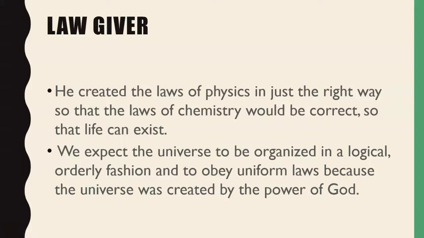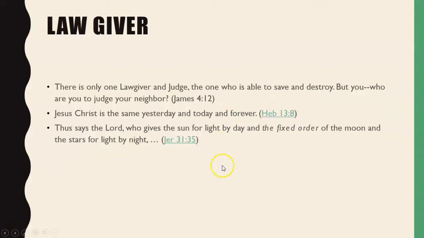God created the laws of physics in just the right way so that the laws of chemistry would be correct, so that life could exist. We expect the universe to be organized in a logical and orderly fashion and to obey uniform laws because the universe was created by the power of God and he set laws in motion.